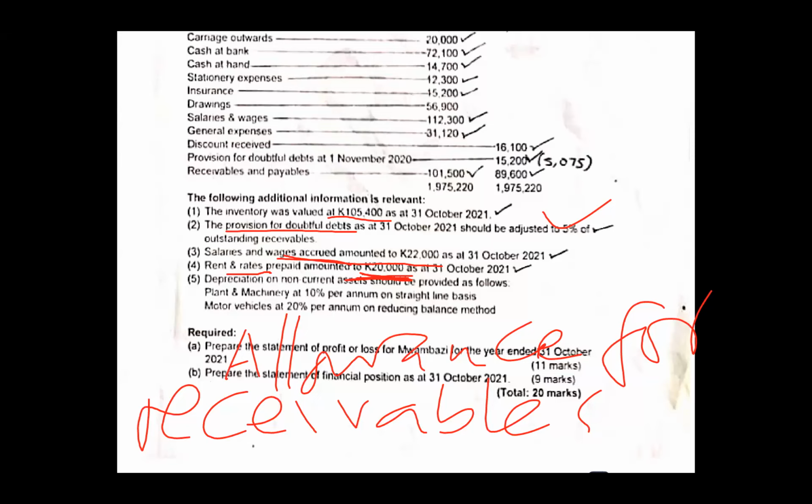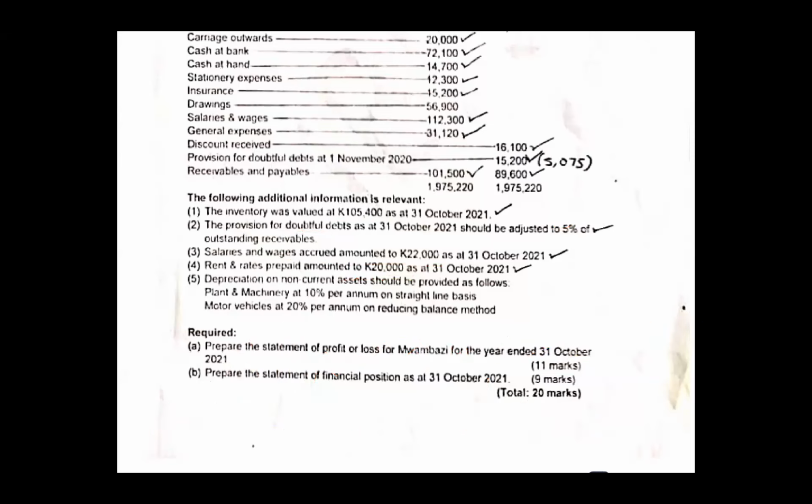Then you are also given the information that the depreciation on non-current assets should be provided as follows. On plant and machinery, it should be 10% per annum on a straight line basis. We know that depreciation is an expense for us.